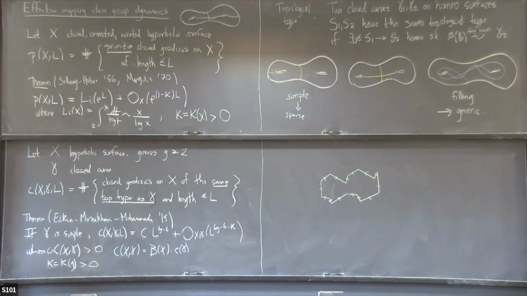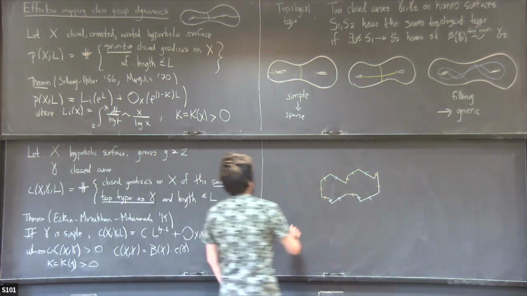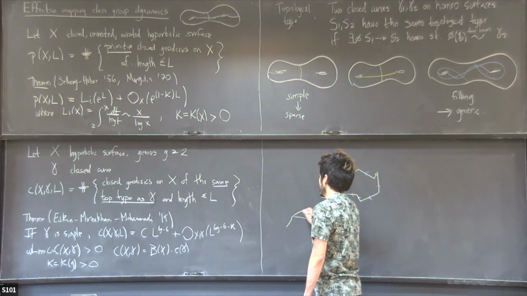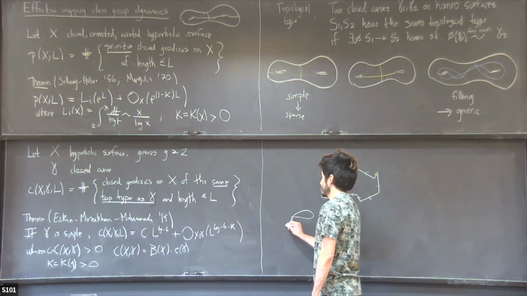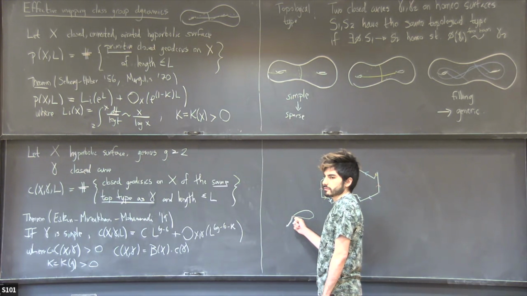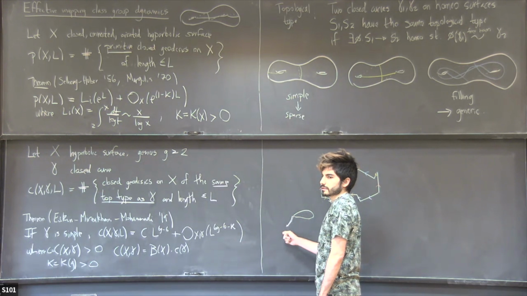If you change the base point, you loop around, so it's not topologically the same, but this is sort of freely homotopic too. Oh, I see. So it's counted as one. Yeah, the conjugacy class is counted as only one contribution.